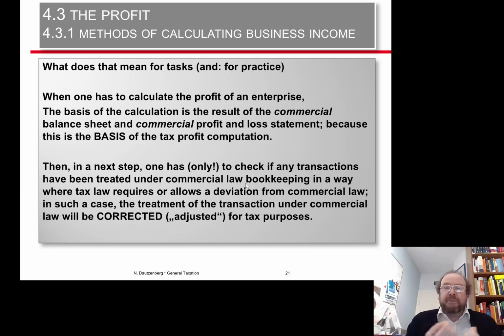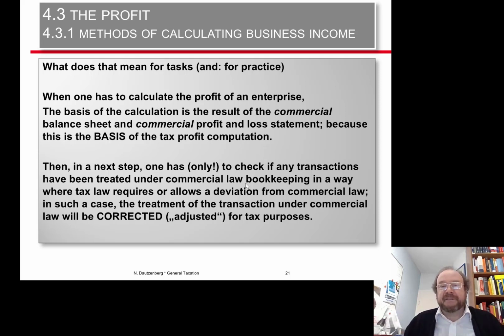When you have a bookkeeping and want to compute your tax profit, you take your commercial balance sheet, then look into it, and then you review every entry if that entry can remain the same for tax balance purposes, or if you have to make a correction.